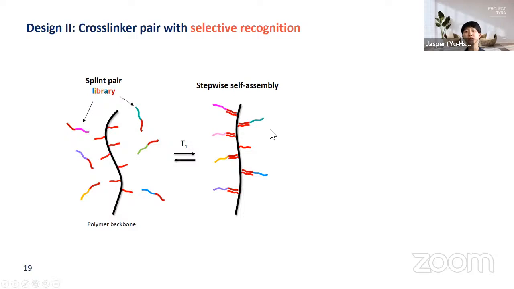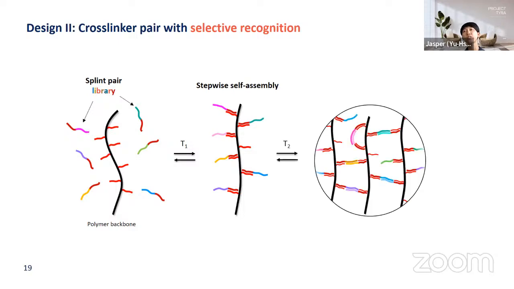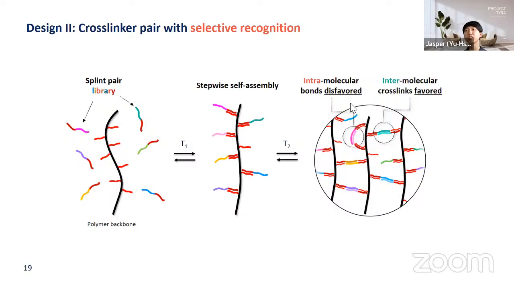There are a lot of different sequences inside, so that when they start searching for the perfect match, they have less probability of finding their match on the same polymer strand. So we can avoid this intramolecular loop bonding, which does not contribute to our stiffness at all. And therefore, we can enforce intermolecular crosslinks to happen, which are the effective crosslinks in this case.